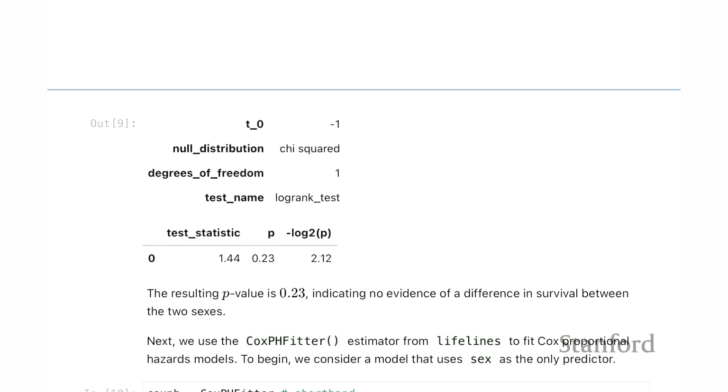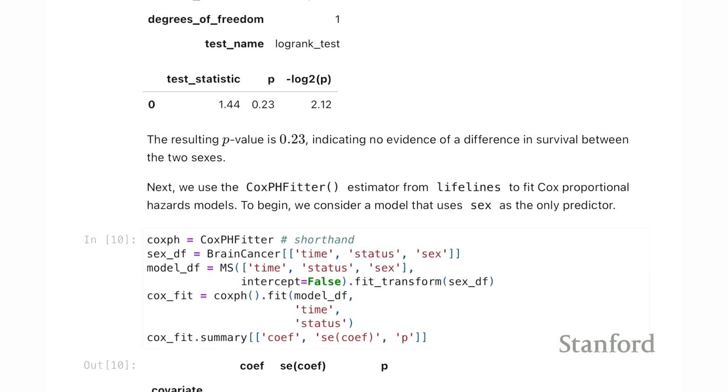Okay, so if we have one categorical variable, the log rank test can be used to compare two groups. But often we have other covariates, and for that we need some kind of regression model. The Cox proportional hazards model is the default regression model for time to event data.